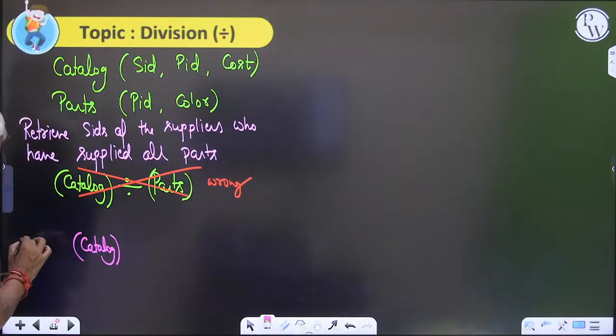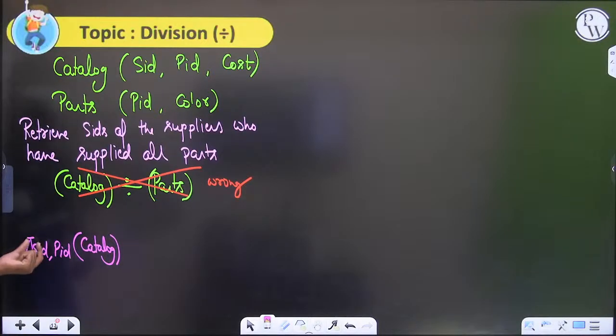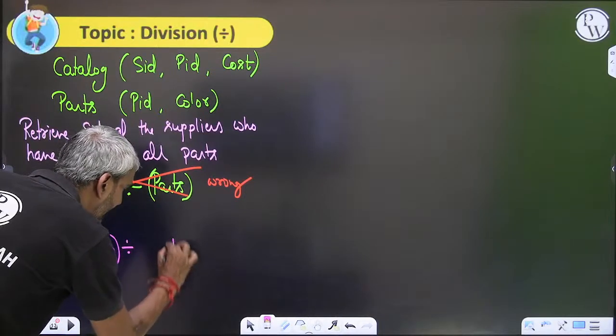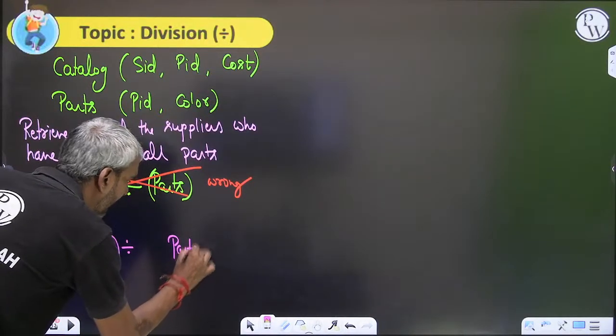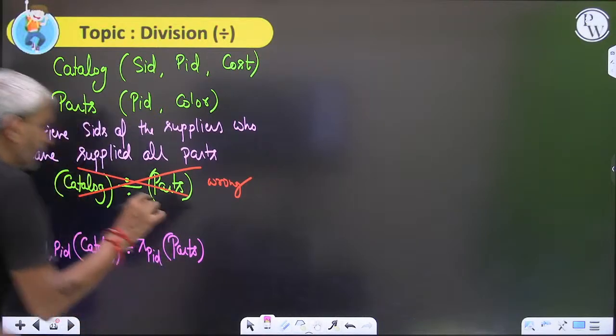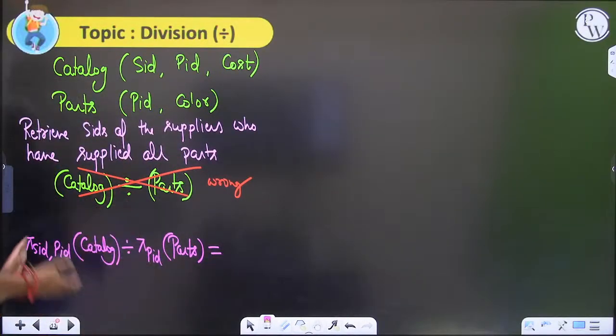So two things will be needed, SID and PID. Now you need the SIDs which are associated with all the PIDs of the parts table.